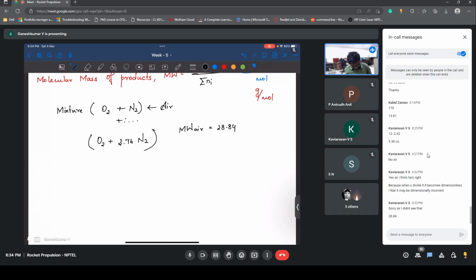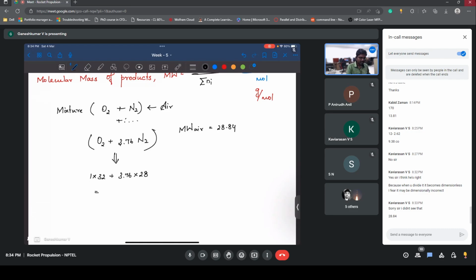So can you calculate the moles of this? You have 1 mole of O2, which is 32, plus 3.76 times N2. What is N2? Is it 14 or 28? 28, right.